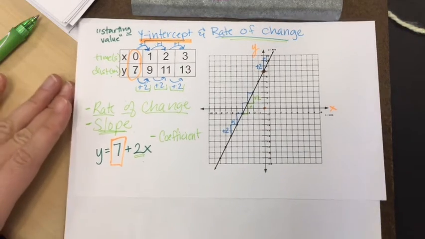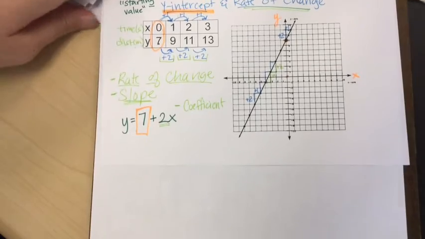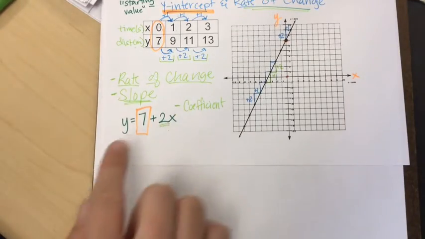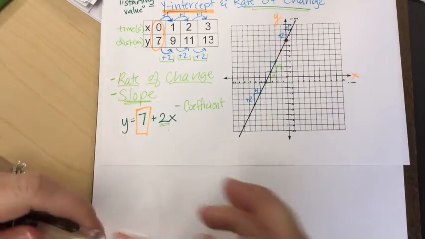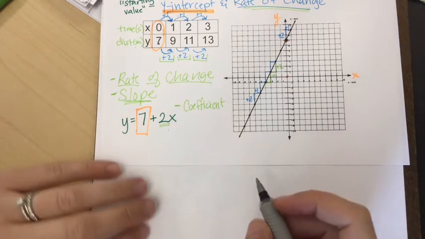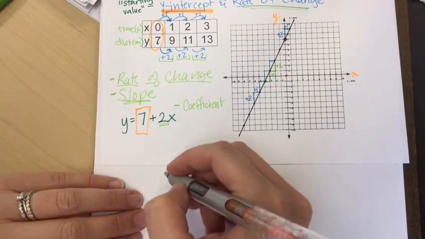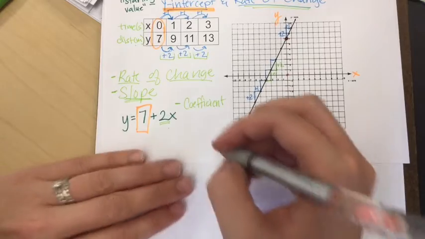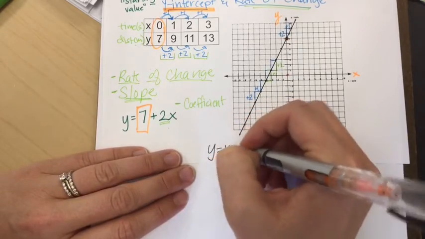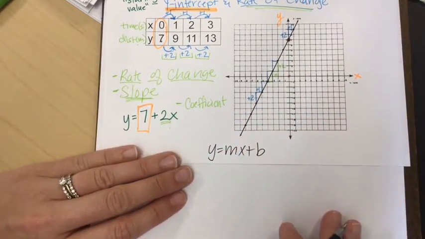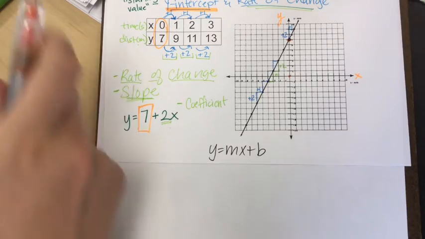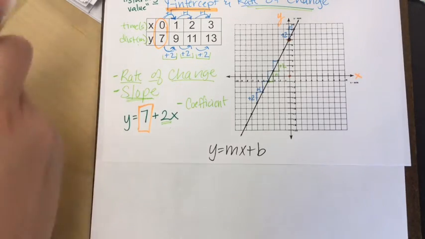So just to give you the formal structure of an equation, anytime we have a linear equation, it can be written in this format, generally talked about as y equals mx plus b. Okay, so here's the breakdown of what each of these things are.